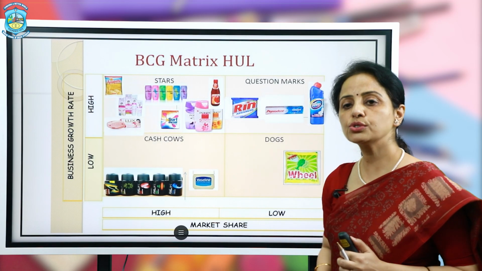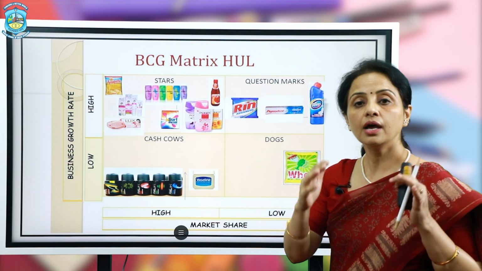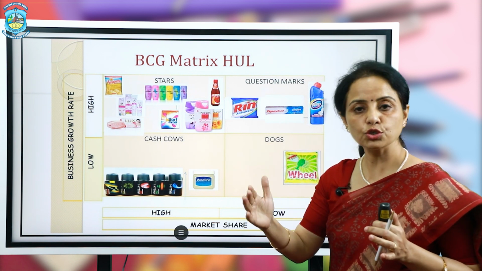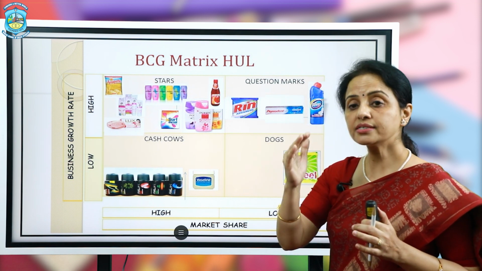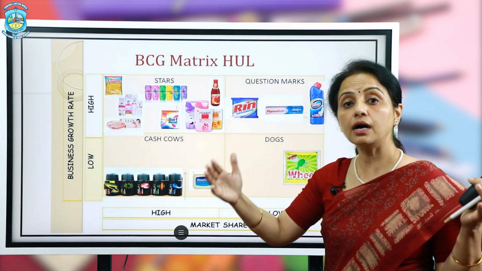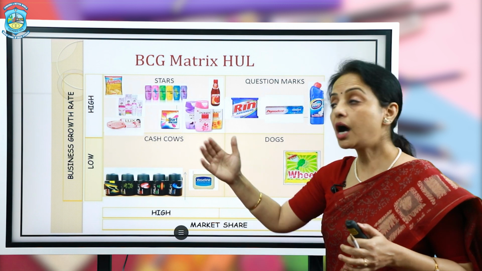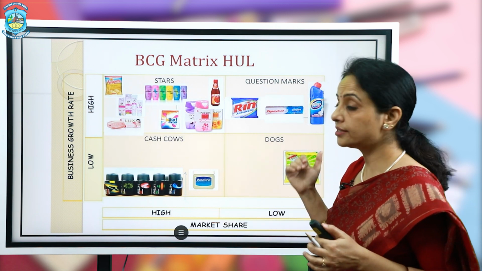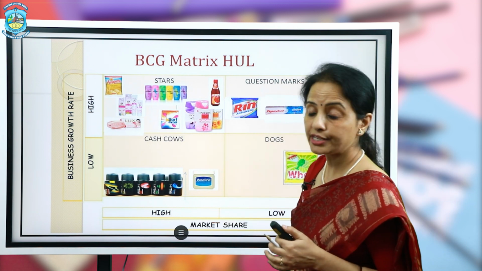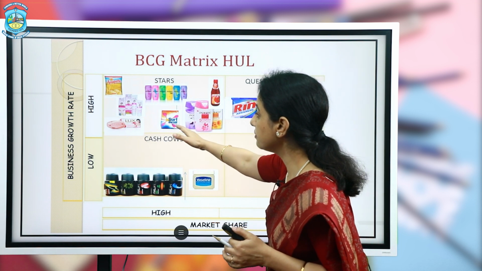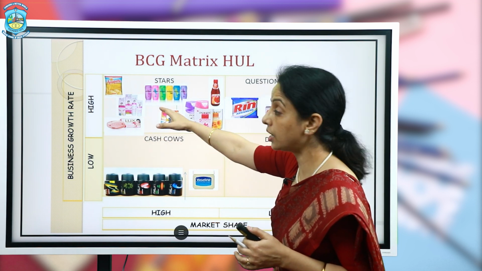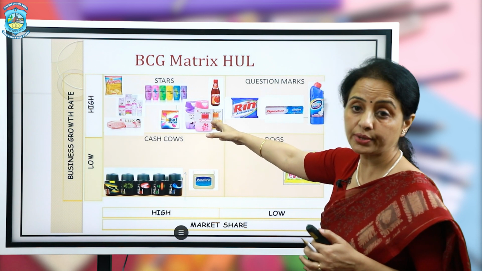I wanted you to also understand the BCG of an FMCG product, fast moving consumer goods, so that you understand how, when a company has a large product line, a wide product line, more than 100 products, they do their BCG. So look at this, for example, it is for HUL. Who are their stars? Surf Excel, Lux, Annapurna Atta, Ponds, Kisan Tomato Ketchup.